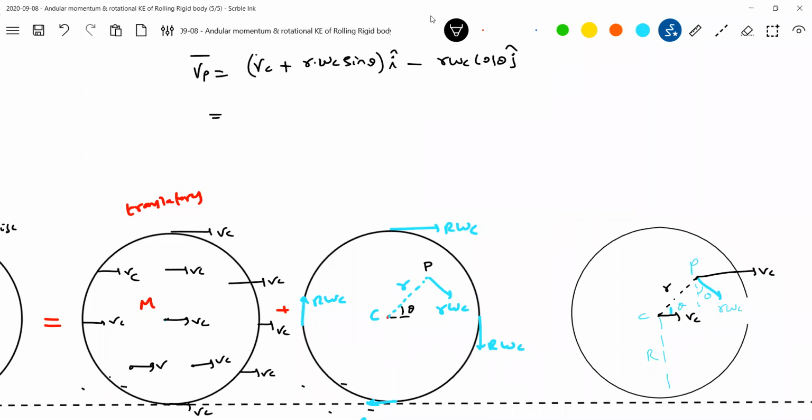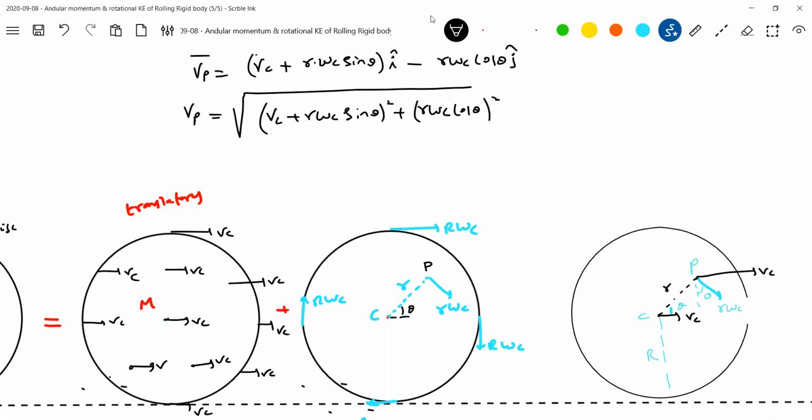I want the speed. Therefore this will be the square root of (Vc plus R omega c sine theta) whole square, plus (R omega c cos theta) square. Okay, that negative sign, I'm adjusting it.